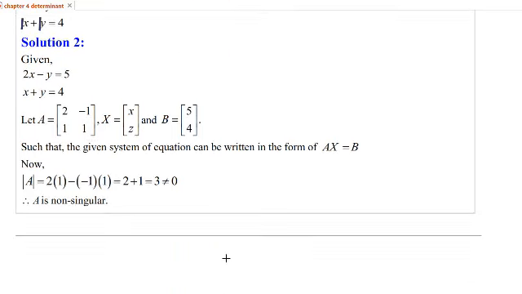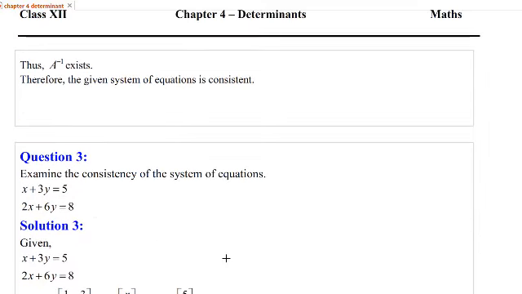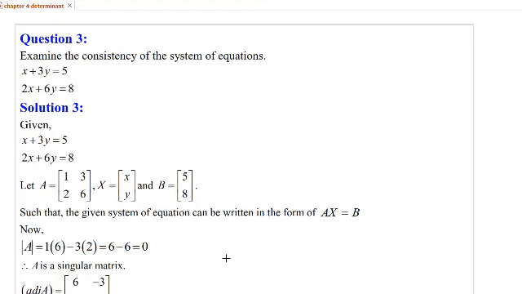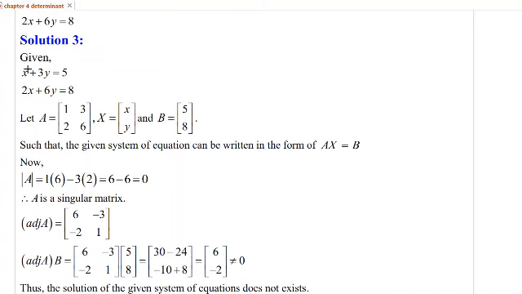Therefore this is also consistent without any problem. Third question: in this question I'll explain what to do when the determinant is 0. We follow the same procedure, that is, first of all we made 3 matrices.